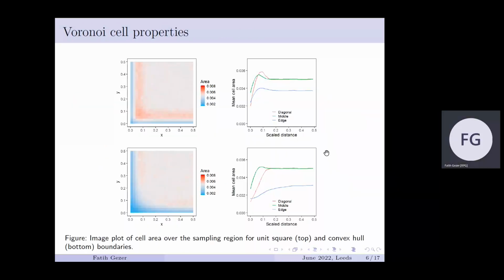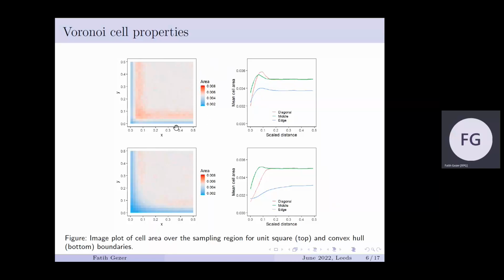So for the 1 million points that we studied, we use their relative locations, and we created these plots. The left plots are showing the cell area near the corners and the edges of the boundary. This is just a quadrant of the unit square. We observe the symmetric properties on each side of each part of the unit square.